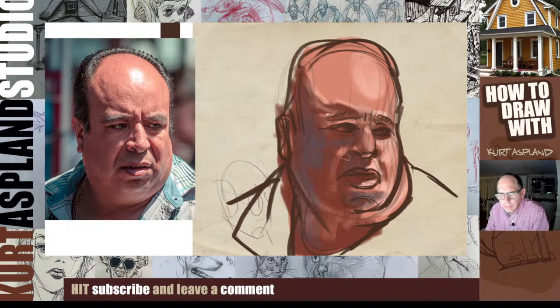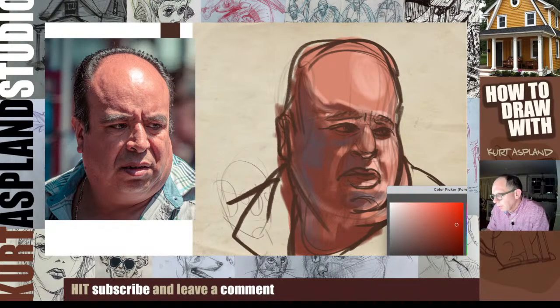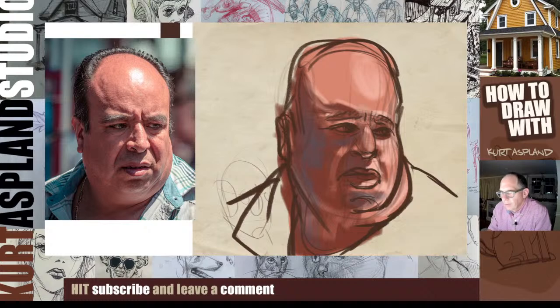Let's get some of his lips in here. Almost like if you were painting. You know, a lot of times a painter just needs to get some colors on the canvas so they can start thinking what they're doing next.